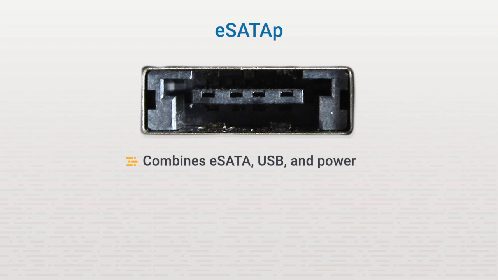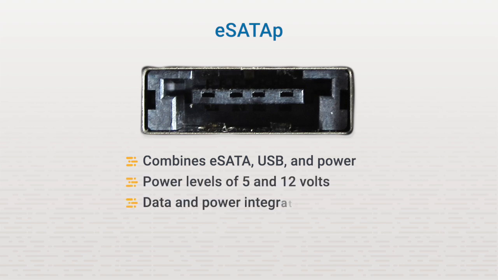Because of this, you can plug an eSATA device or a USB device into an eSATA P port. An eSATA P port combines the 4 pins that are used by USB 2.0 with the 7 pins that are used by an eSATA port. It also adds 2 more pins that supply power at 5 and 12 volts. This allows SATA data as well as device power to be carried on a single cable.